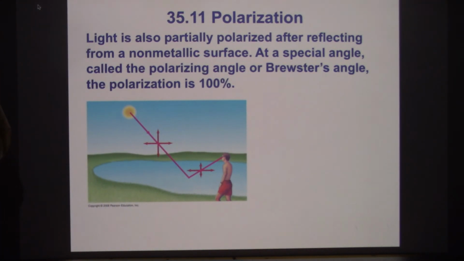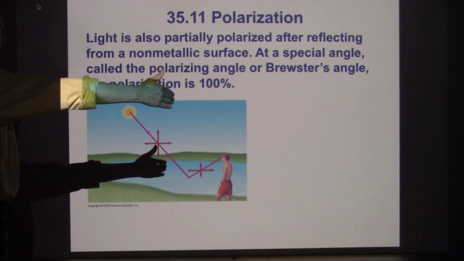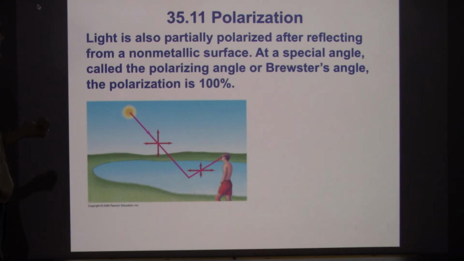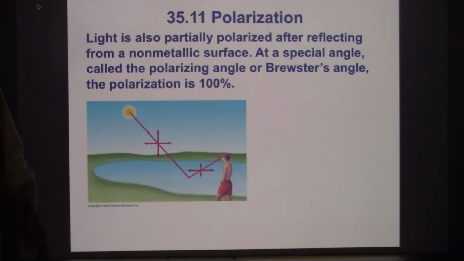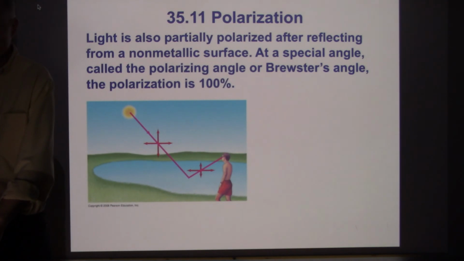The vertical component tends to go into the water, so the light reflecting off a shiny surface is largely horizontally polarized, and so Polaroid glasses are designed to take out the horizontal polarization. If I'm looking at the surface of water, or at a shiny bumper on a car, most of the glare that we encounter is horizontally polarized, and Polaroid glasses preferentially remove the horizontal component.